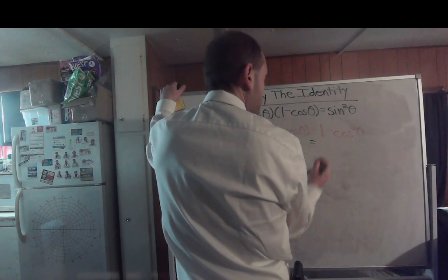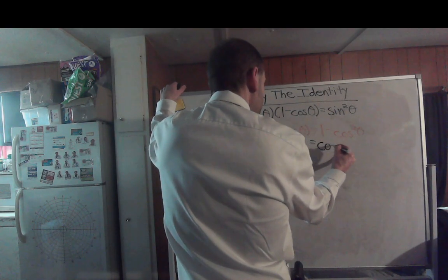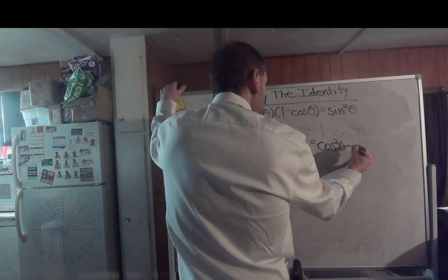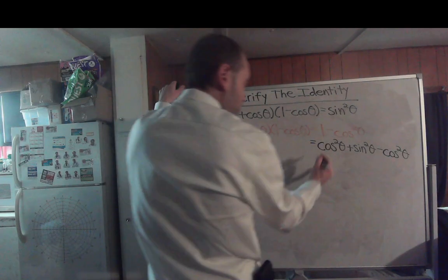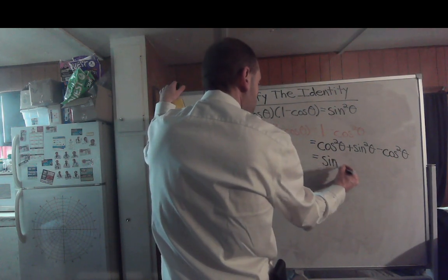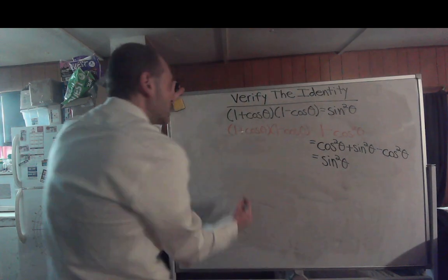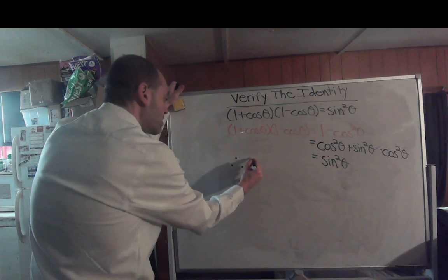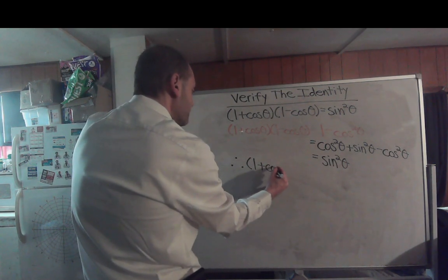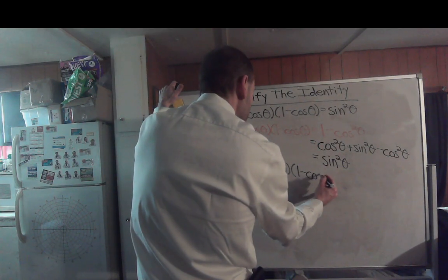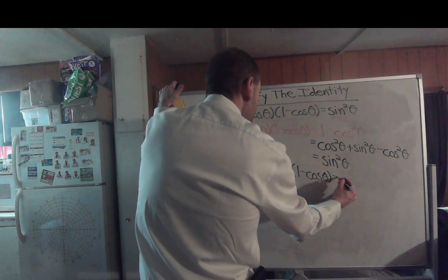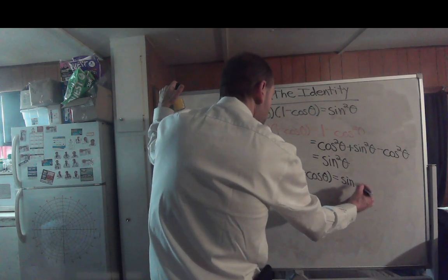Isn't 1 the same thing as the cosine squared of theta plus the sine squared of theta? You would have all that minus the cosine squared of theta, which, when you do the like terms, you're literally just left with the sine squared of theta. So therefore, 1 plus the cosine of theta, the quantity of that, times the quantity of 1 minus the cosine of theta equals the sine squared of theta.